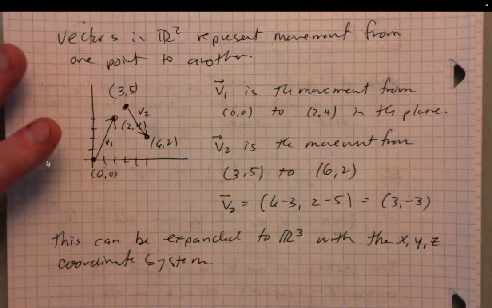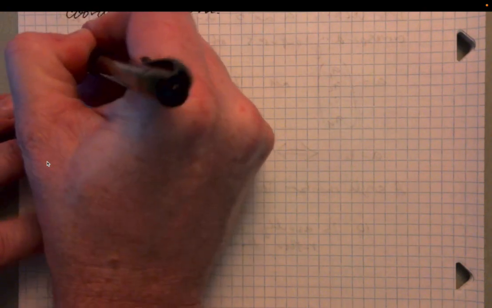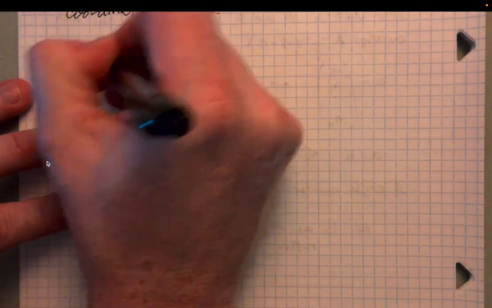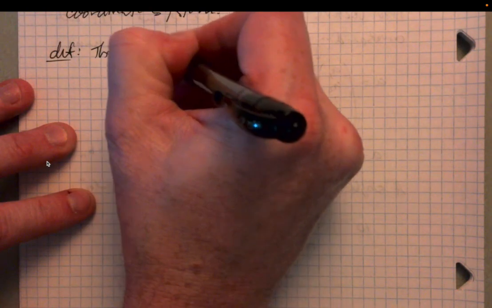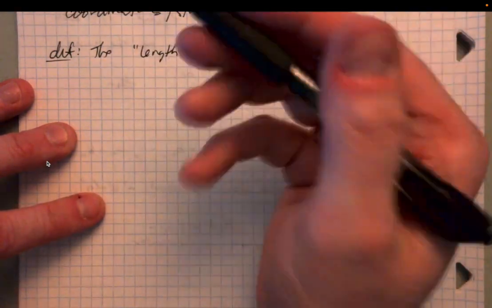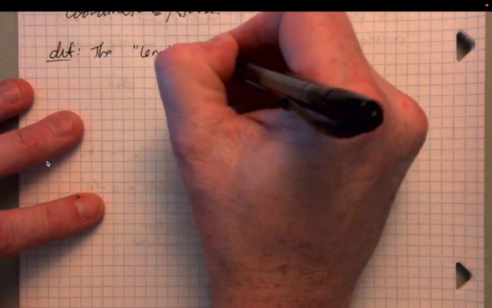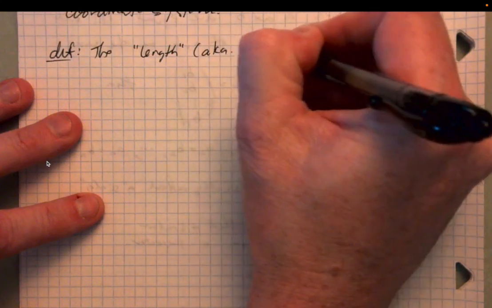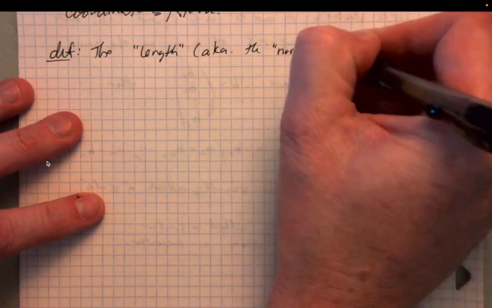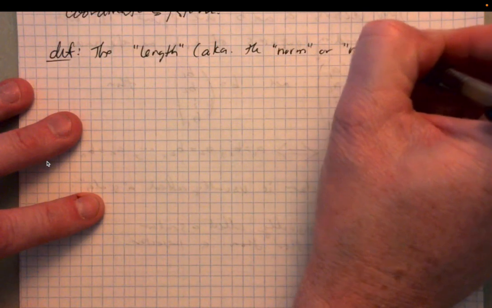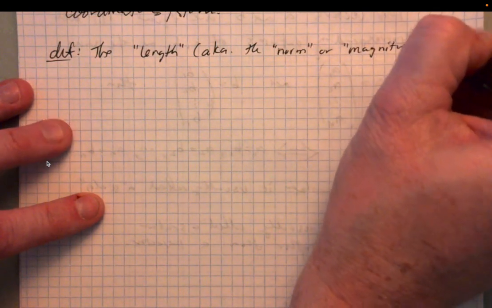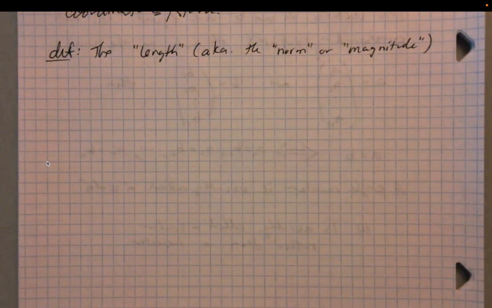Let's talk about the length of a vector. What do we mean by the length of a vector? So the length, also known as the norm or the magnitude, depending on the application or the context.